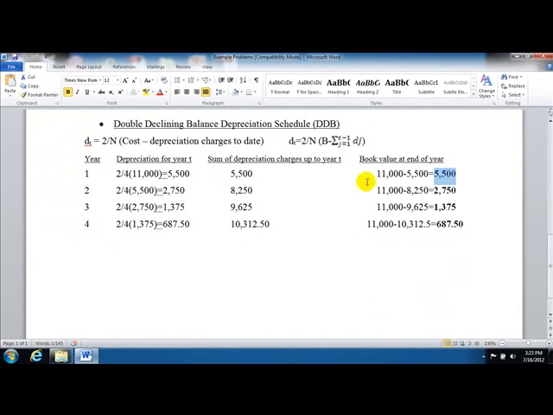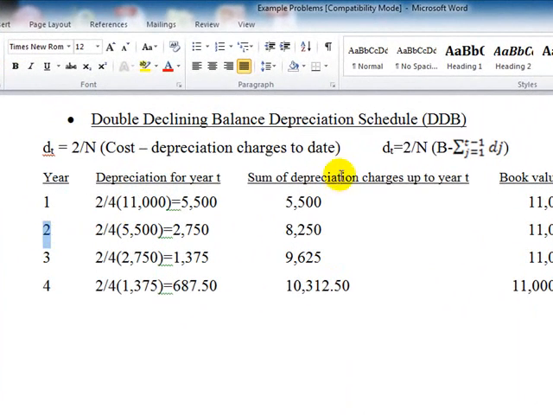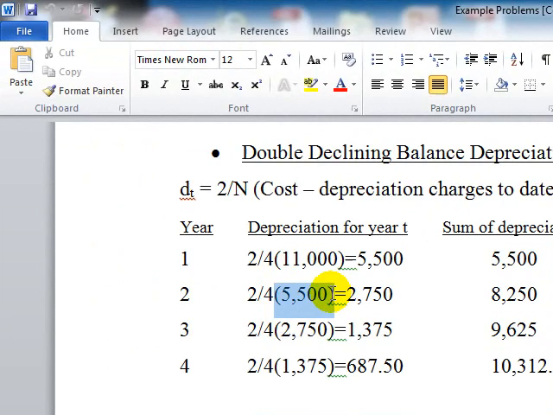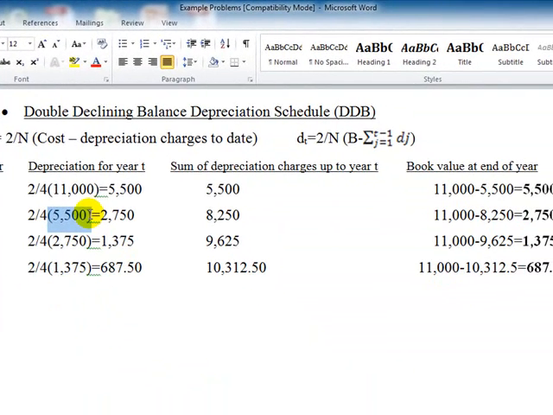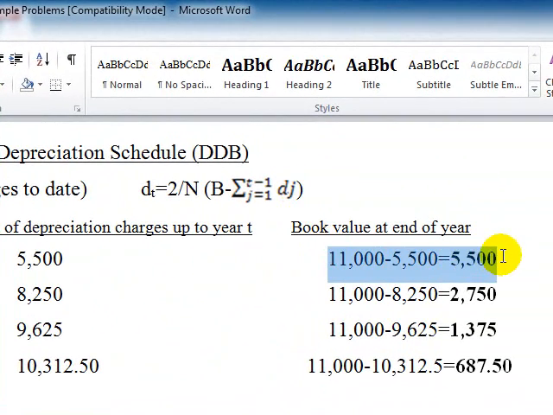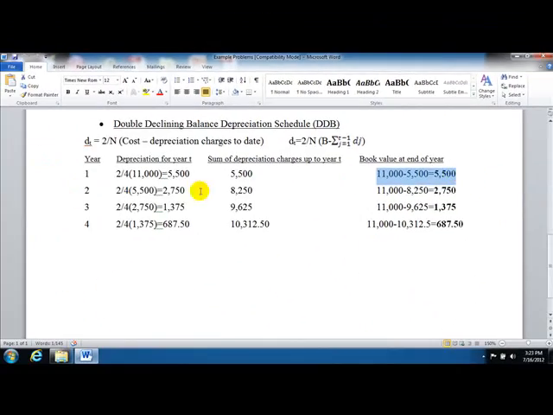Now we need to do the calculations from the second year. In the second year, again we can use this formula, 2 divided by 4. We are going to use 5,500, which is B minus depreciation, this value here.